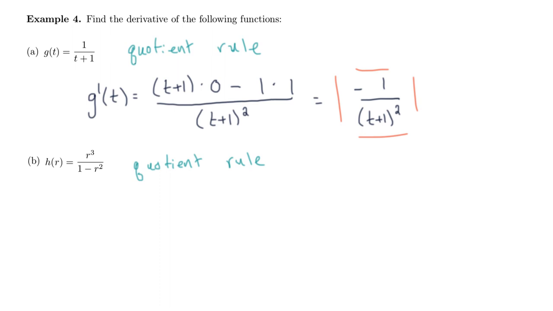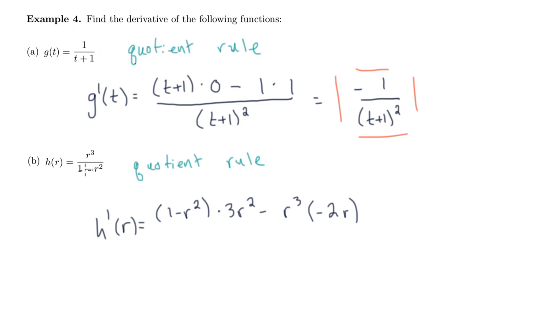All right, so we can do the same thing for h of r. H prime of r should be low, 1 minus r squared, d high, which is 3r squared, minus high, r cubed, and then times d low, which is minus 2r.